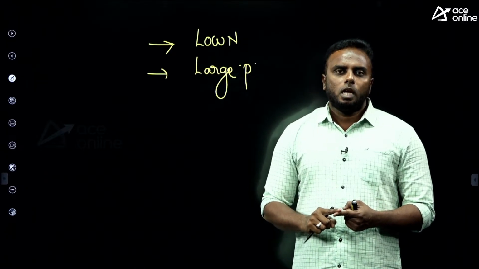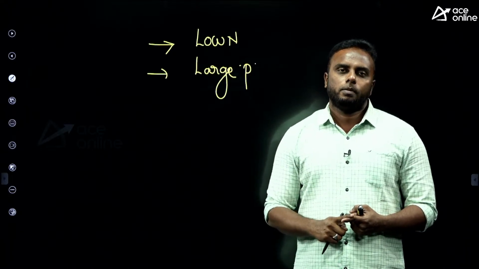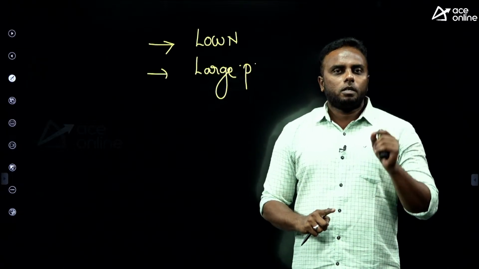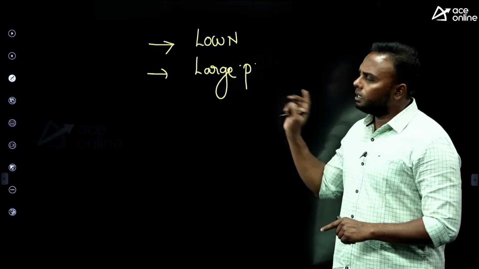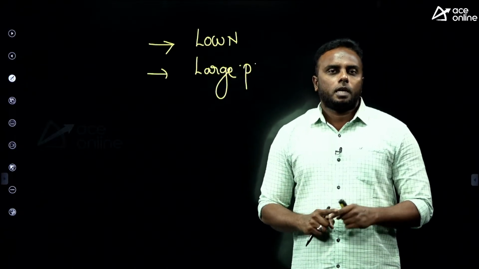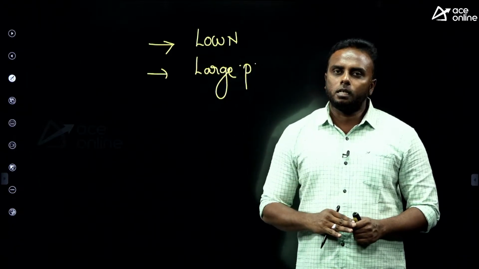Out of 1500 RPM, that 30-40 is negligible, so we approximately treat it as a constant speed motor. But at low speed, like 300 RPM, if you use an induction motor, its speed also reduces by the same 20-30 RPM.